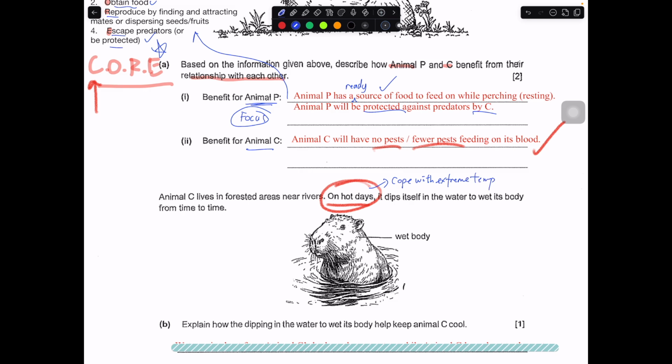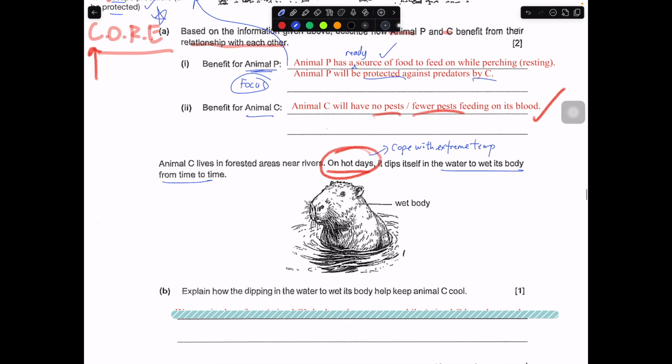It dips itself in water to wet its body from time to time. Again, it's a behavior that the animal is exhibiting, so behavioral adaptation. Explain how dipping in water to wet its body helps to keep the animal cool. When the animal goes into the water to dip itself, what will happen to the water? The water over here will start to gain heat from C to evaporate off as water vapor.